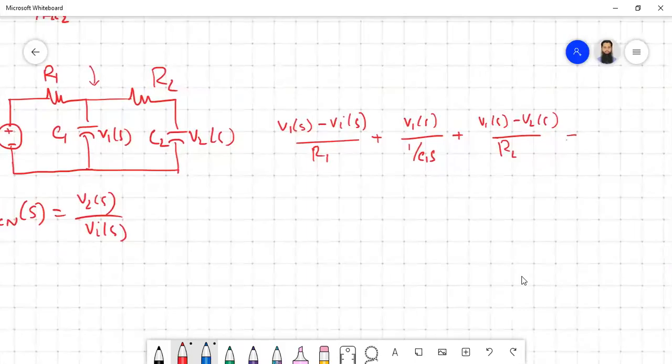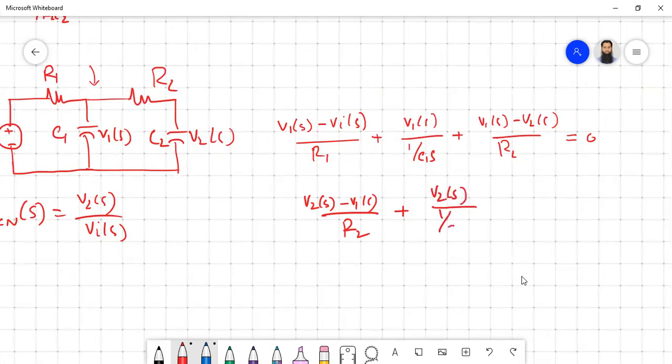That is the first node equation. The second node equation, node 2: (V2(s) minus V1(s)) by R2 plus V2(s) by 1/(C2 s), that is C2 s V2(s), should be equal to 0.